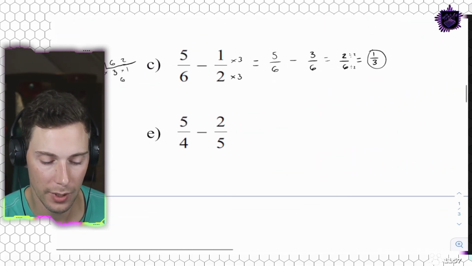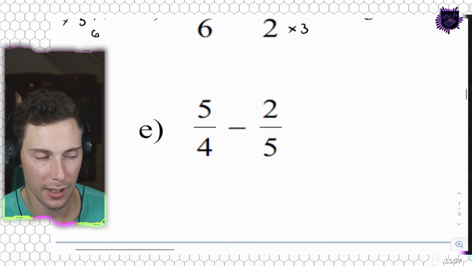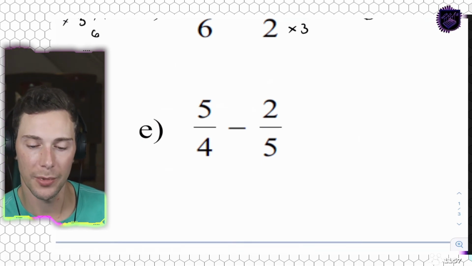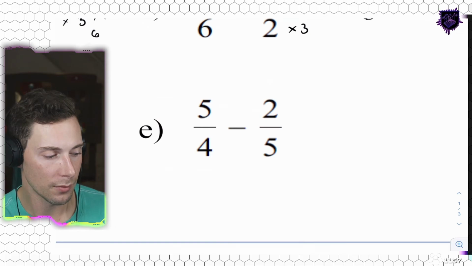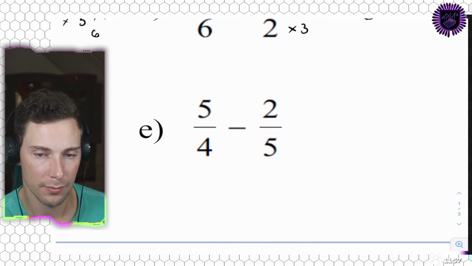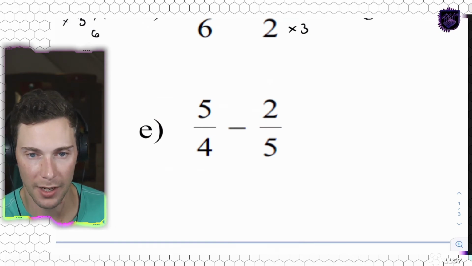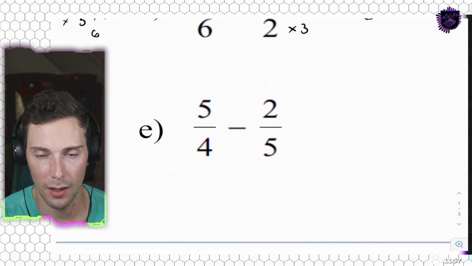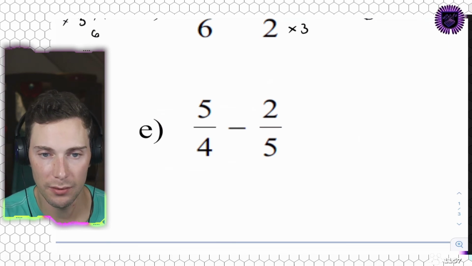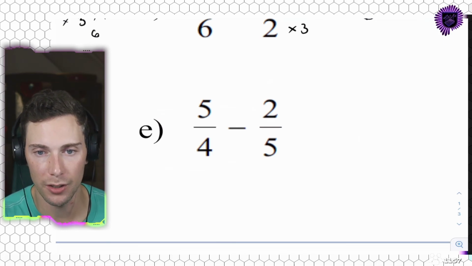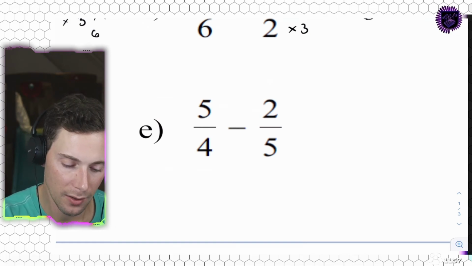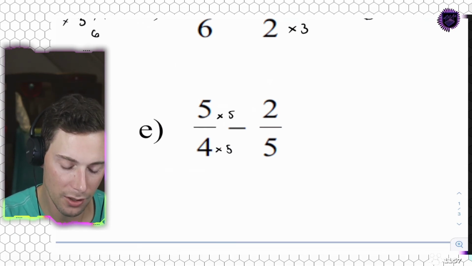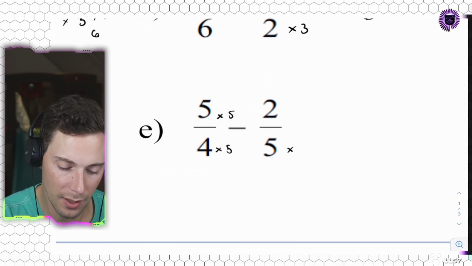Last two questions. Once again, the ladder method is not going to help us here because there are no common factors greater than 1. 4 and 5. So this is going back to that cross multiplication. We're going to multiply each fraction by the denominator of its partner fraction.